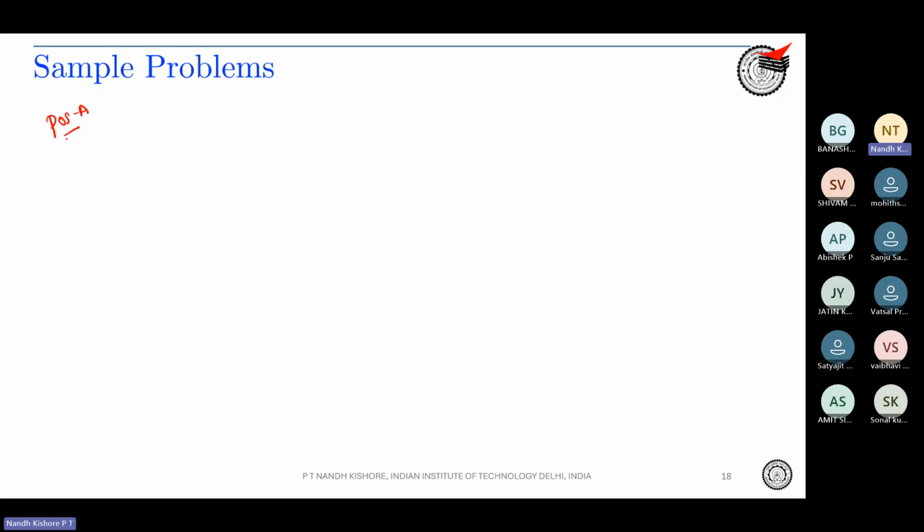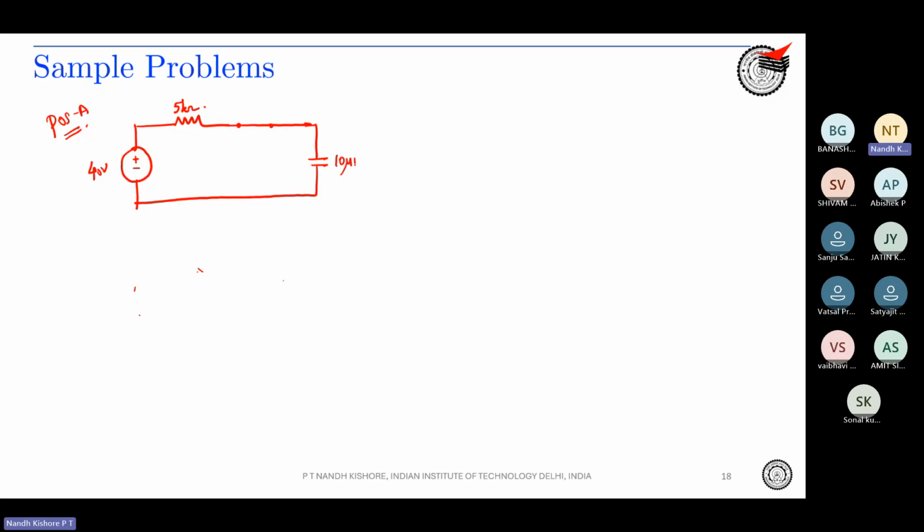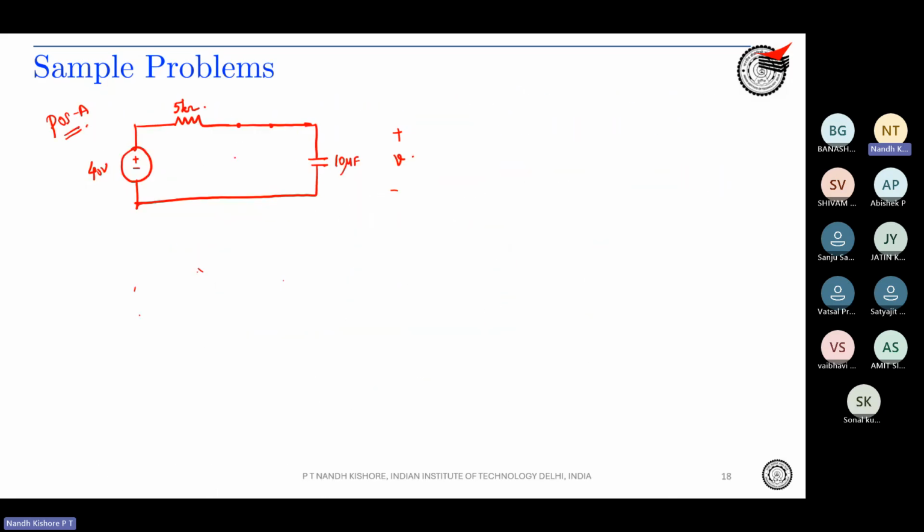So what is my circuit? 40 volts, 5 kilo ohms. I am at position A, so directly I can draw to 10 microfarad. You understand, right? This is position A and position B is not connected at all.